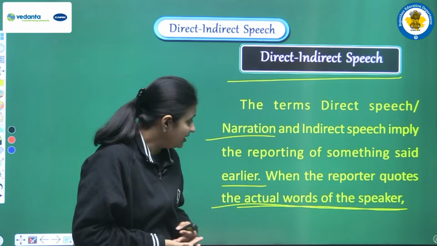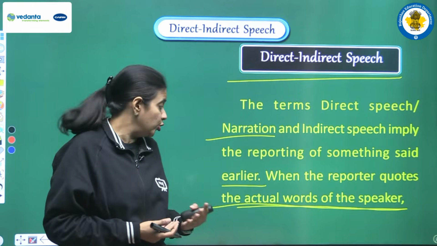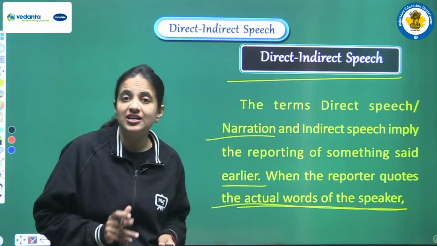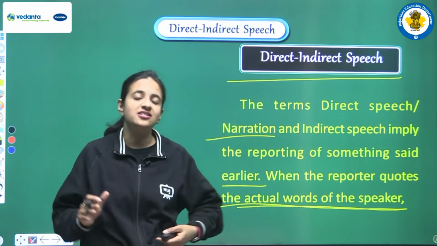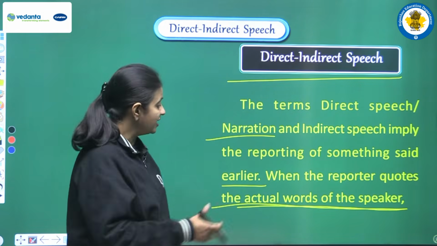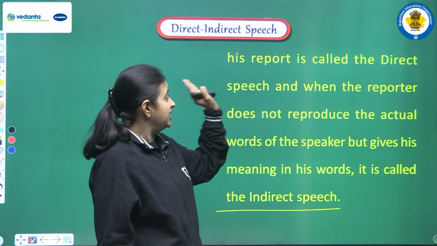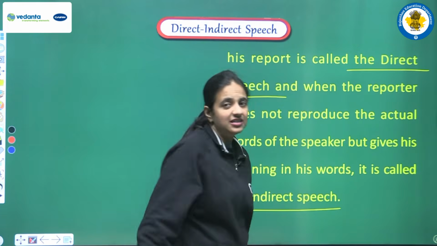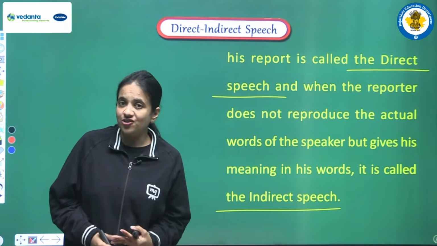Now, when the reporter is quoting the actual words, when he is repeating the exact words of the speaker, when he is just copying the exact words of the speaker, at that time his report is known as the direct speech. So this is the definition of direct speech.